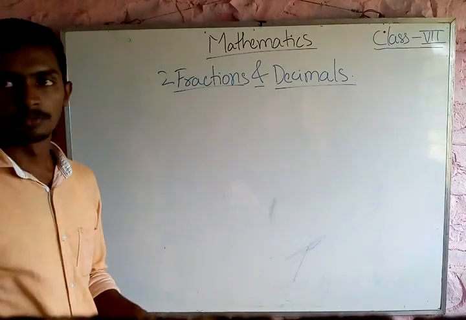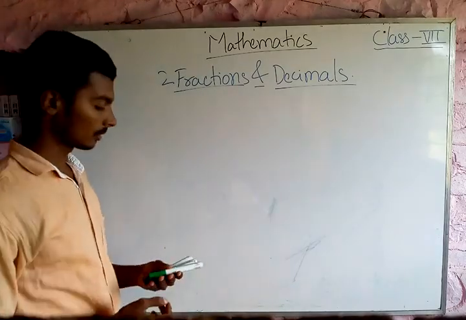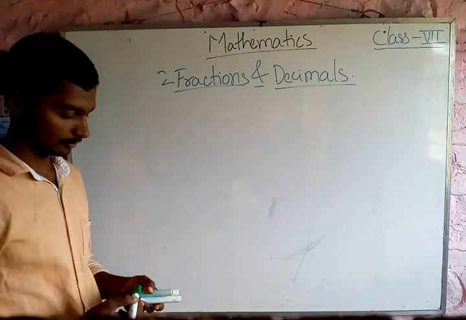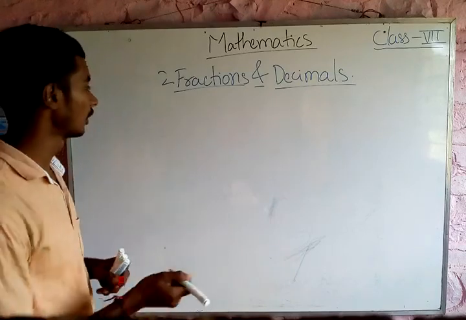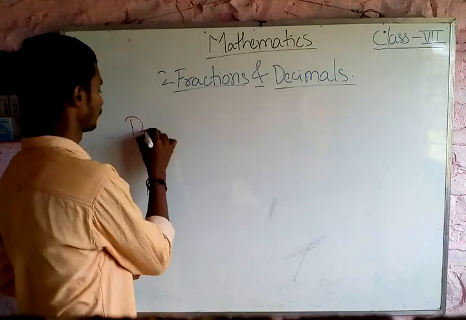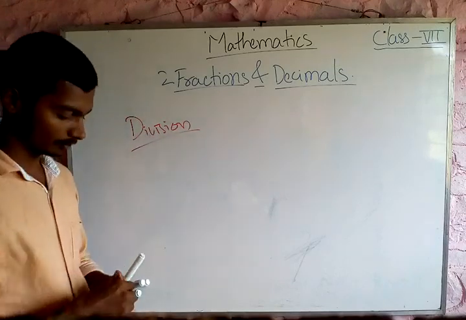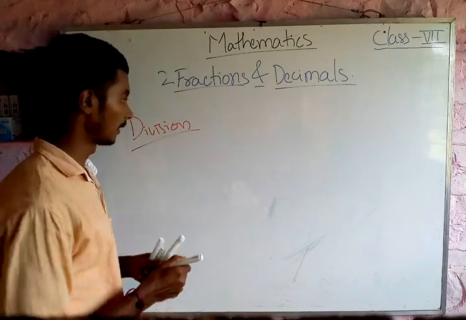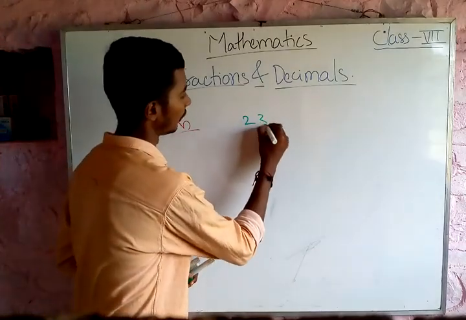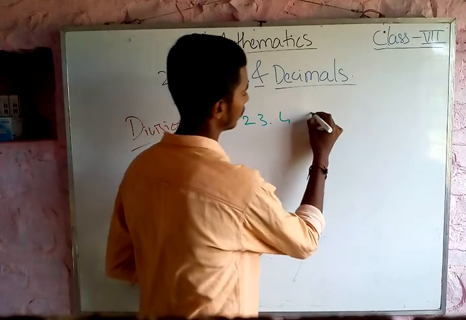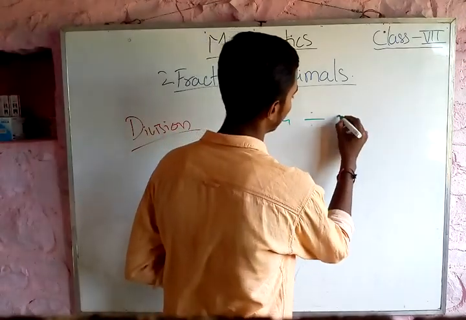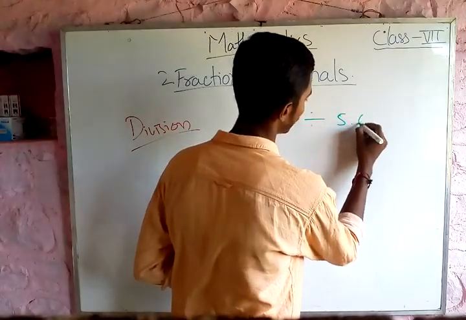Now we will look at division of decimal numbers. Okay, if I take an example, 23.4 divided by 5.6.